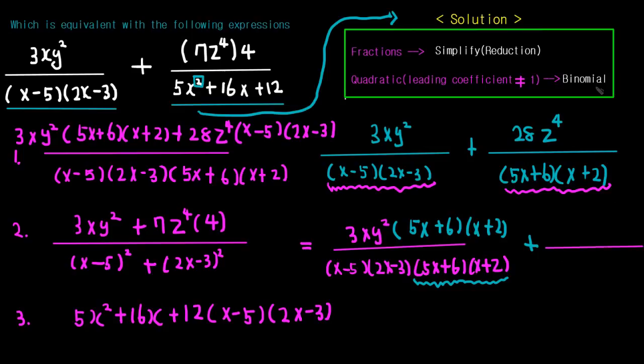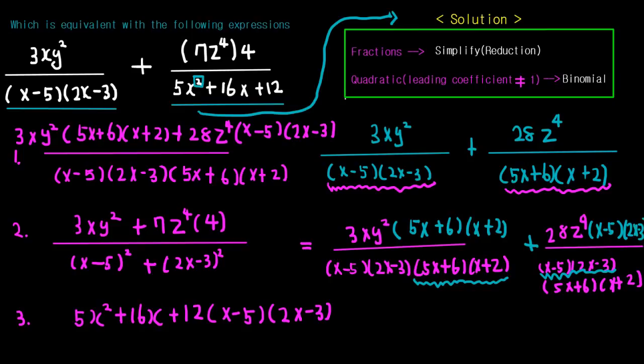So it is going to be x minus 5 times 2x minus 3 times 5x plus 6 times x plus 2. So we get 28z to the fourth power, but since we multiplied x minus 5 times 2x minus 3 in the denominator, we also need to multiply that into the numerator so we can keep an equal fraction.